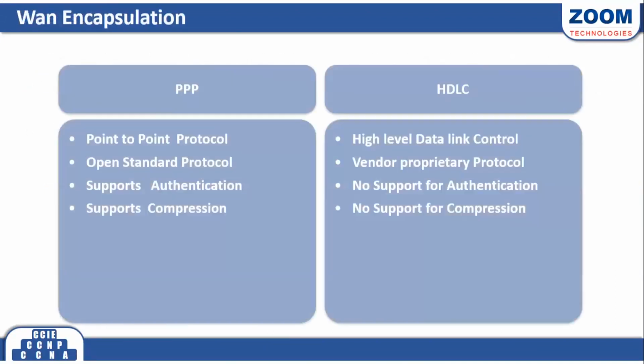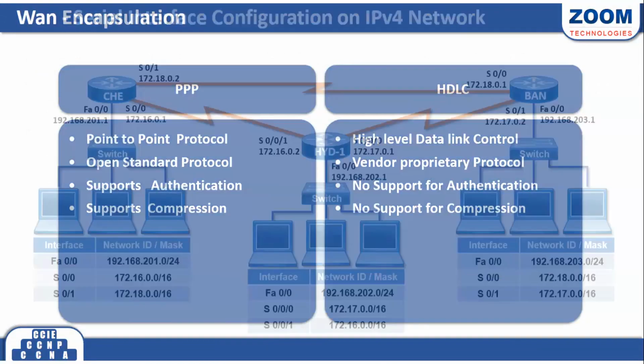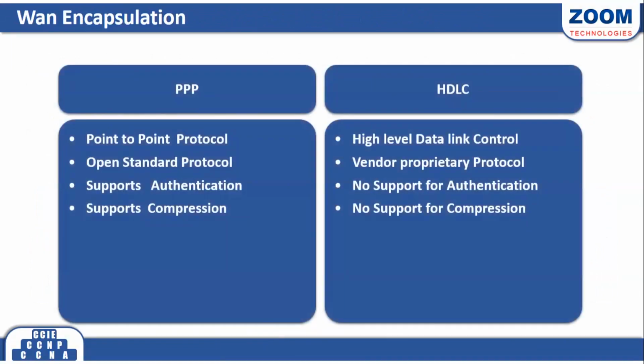And what is the difference between point-to-point protocol and HDLC? Point-to-point protocol is open standard, supports authentication, supports compression. But HDLC is vendor proprietary, meaning Cisco proprietary, with no support for authentication and no support for compression. Right?